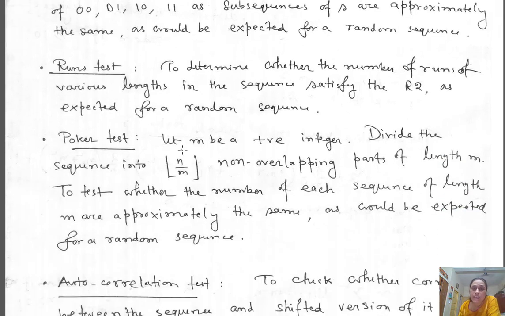Poker test: suppose m is any positive integer. You have a sequence of length n, and you divide it into n over m non-overlapping parts of length m. So the total n length string is divided into non-overlapping blocks of length m.